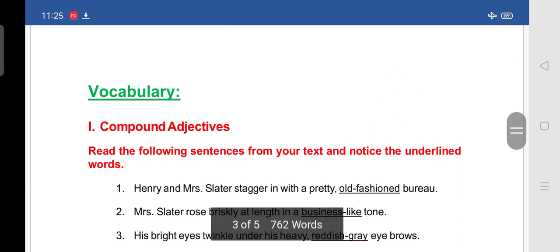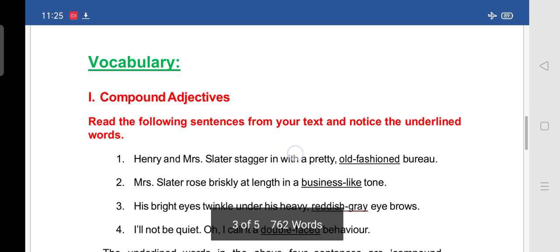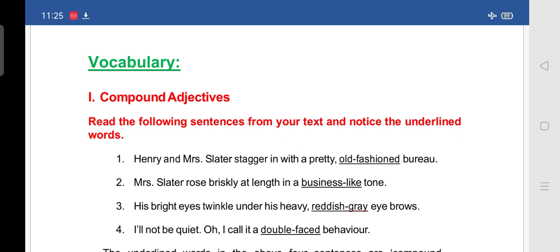I think you have written it in your notes. Then we'll be moving to the vocabulary part: compound adjectives. Normally, what is an adjective? An adjective is a word that describes something, isn't it? So then what is a compound adjective?